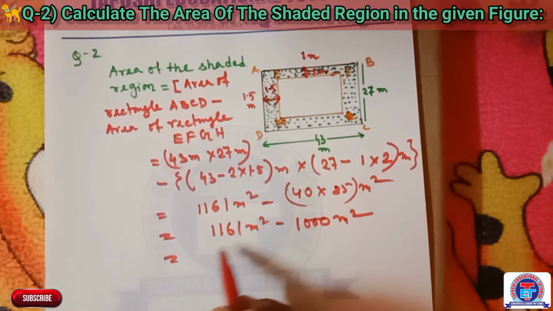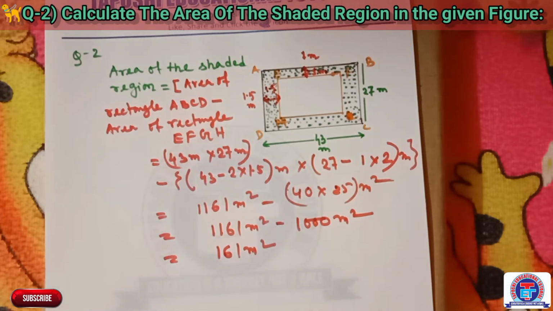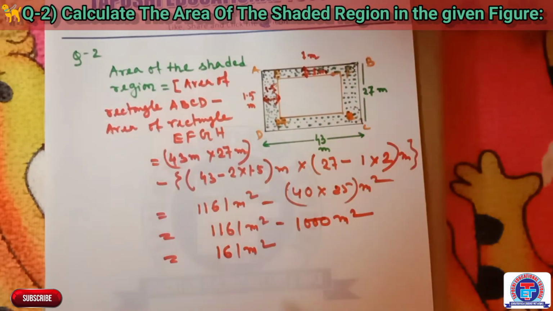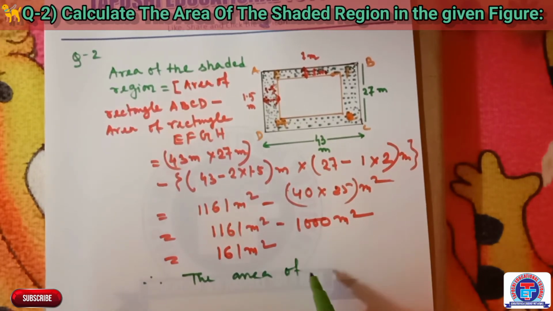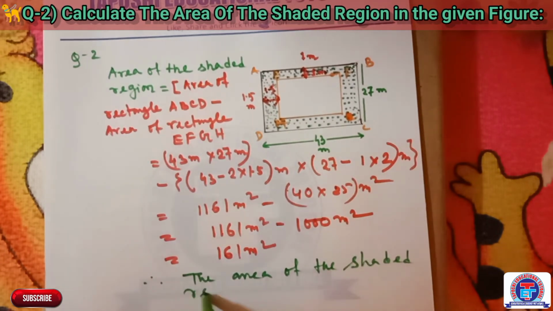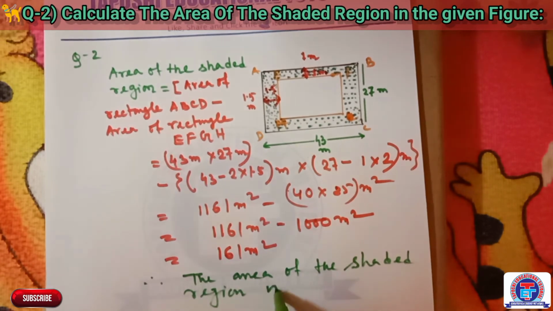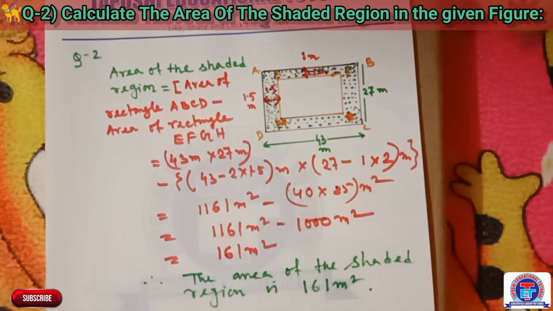So it will become 161 meter square. So now the conclusion is that the area of the shaded region is 161 meter square, correct? I hope student you understood this mathematical problem and how it is solved, that we explained properly.